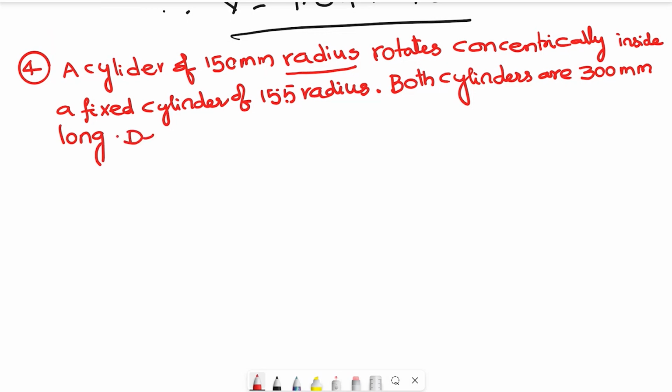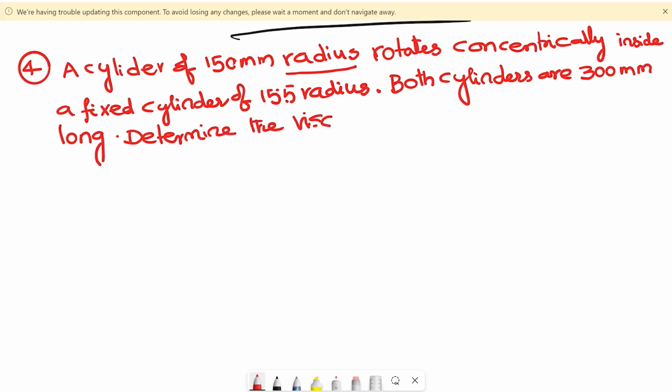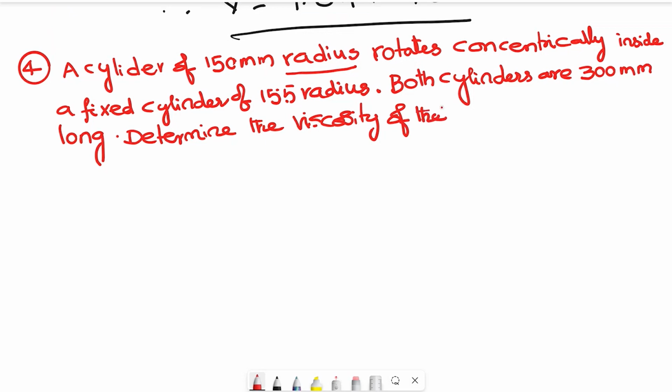Determine the viscosity of the liquid which fills the space between cylinders.